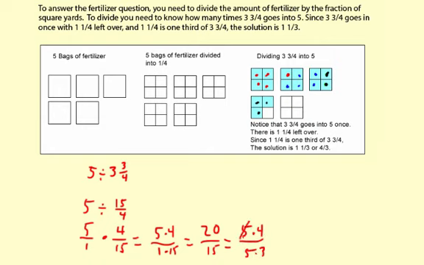So these 5's simplify out, and then you're left with 4 divided by 3, which is the same thing as 1 and 1/3. And so that's the same solution we got with the visual method, so you can see that both methods work very well.